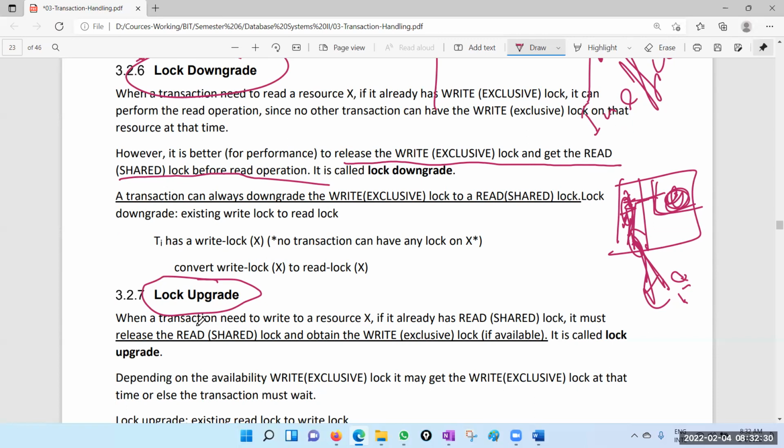To do the read operation, initially you take only the shared read lock. Now your read operation is over, and you want to do the write operation. So you have to exchange your read lock, the shared lock, for a write exclusive lock. You release your read lock and acquire the write lock.